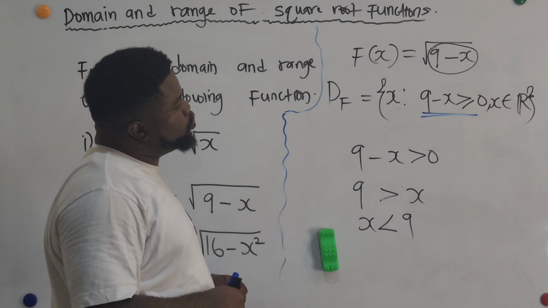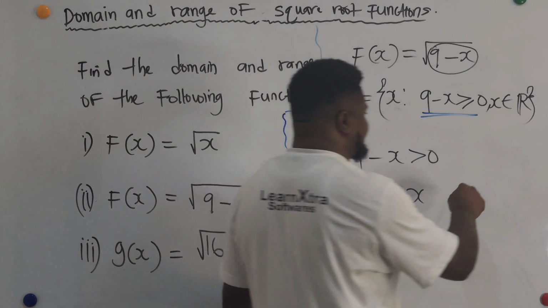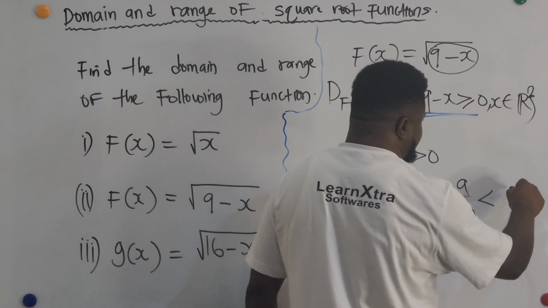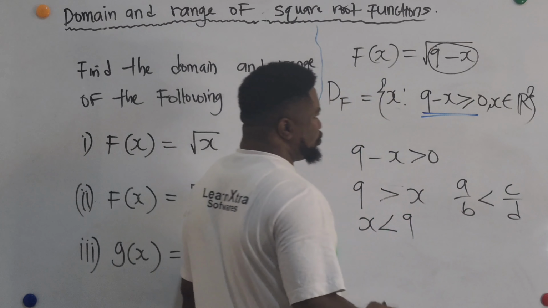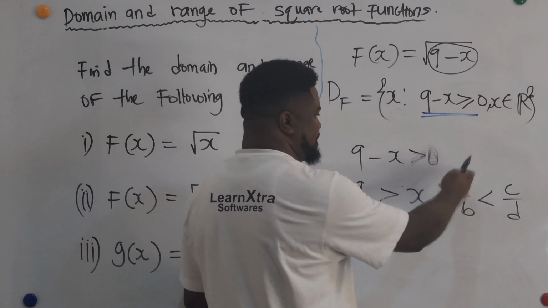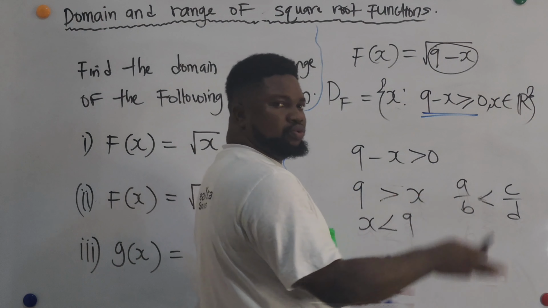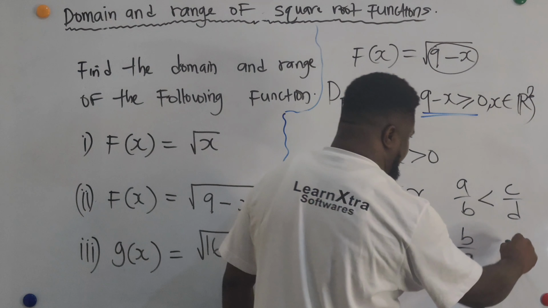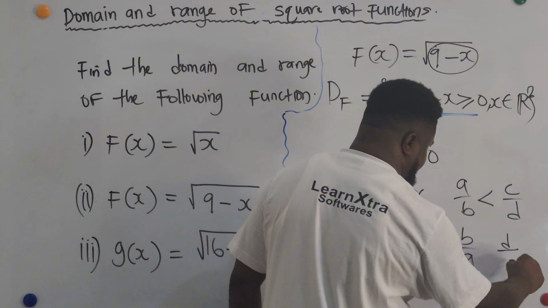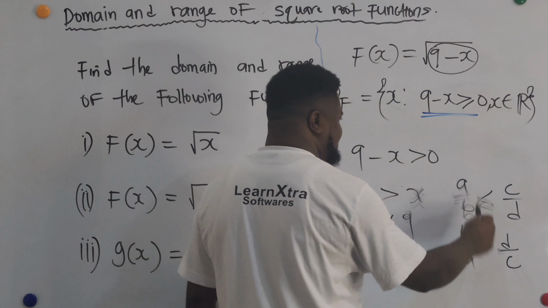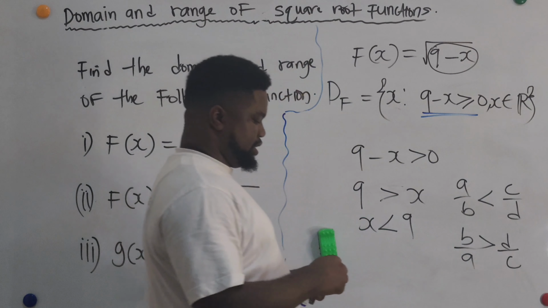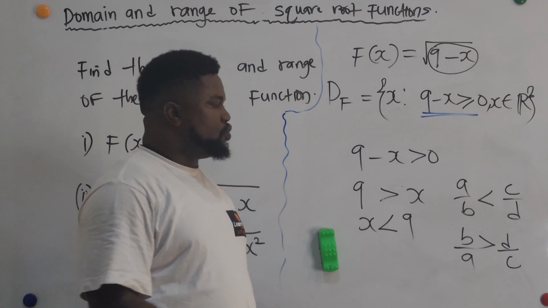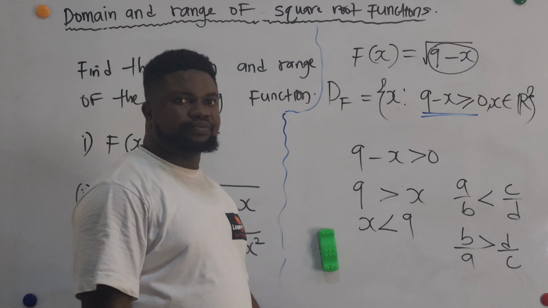Also, let me show you again, when you have a fraction like a over b is less than c over d, when you spin the fraction, like when you reverse the fraction to become b over a and d over c, you have to reverse this symbol to this way. That's when you change the inequality symbol, when you spin a fraction.